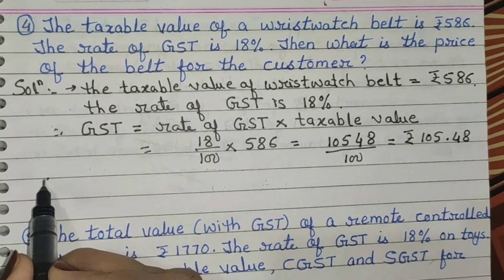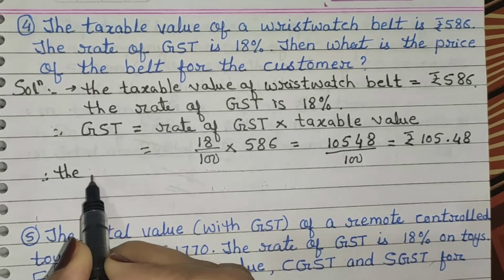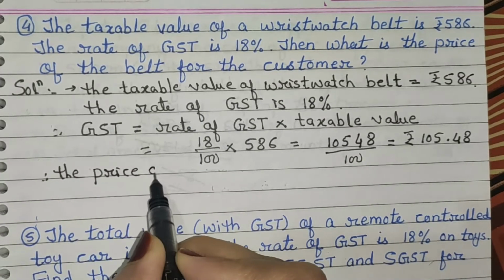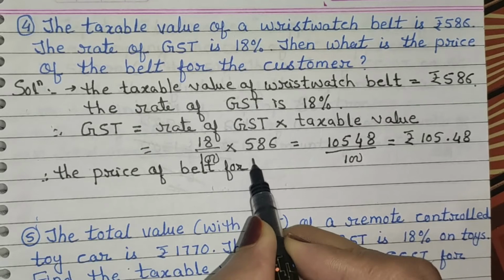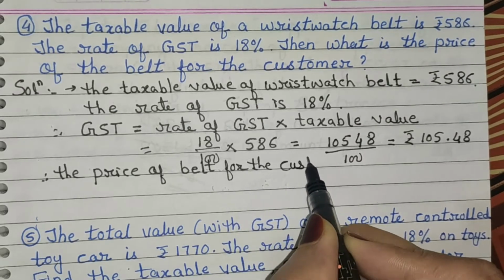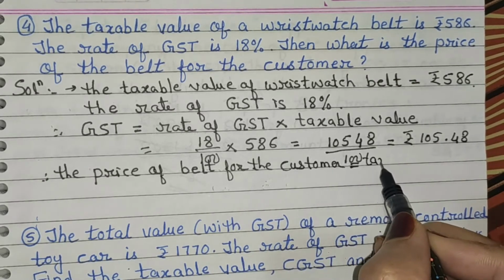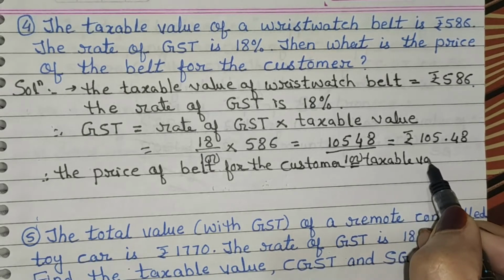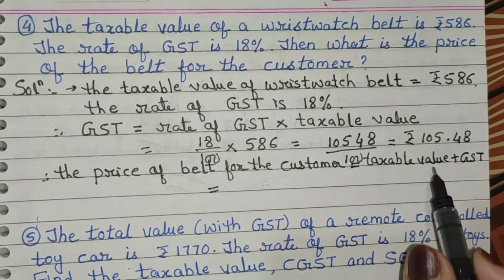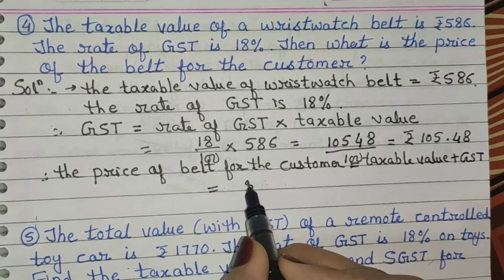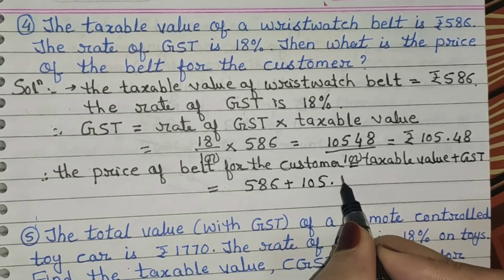Therefore, price of belt for the customer. The price of belt for the customer is equal to taxable value plus GST. Now look at here. Taxable value is given 586 plus GST 105.48.